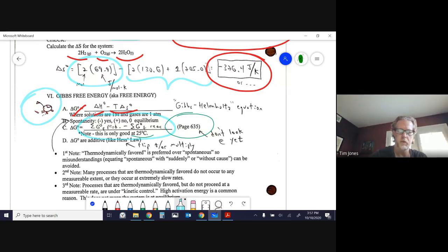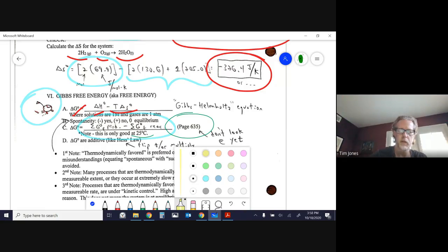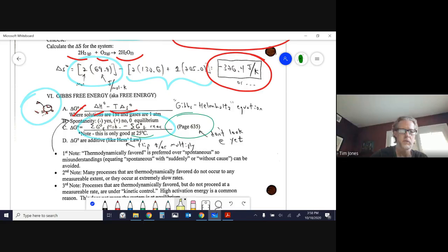And I mentioned here, you can do Hess's law with these. So if you know the delta G of a reaction and you flip the reaction, that's fine. Just flip the delta G sign. If you are adding reactions, you can add the delta G's. If you multiply a reaction by 5, multiply delta G by 5, and so on.